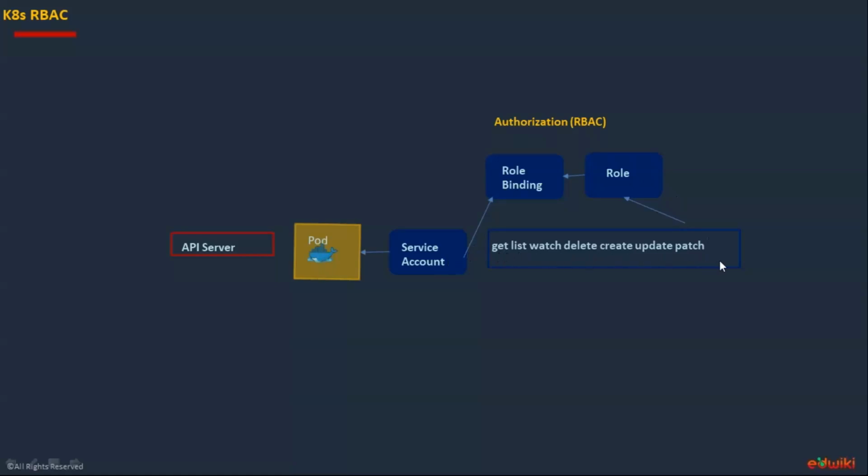So those permissions will now be given to this pod. That's how it works. Now in this pod, if you run kubectl commands, that kubectl command will gain the permission to run this list of commands, guys. That's how it works.